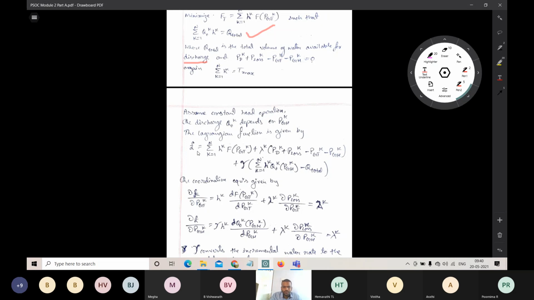I partially differentiate with respect to the thermal power generation, PGTk. That gives hk into df PGTk by dPGTk plus lambda k of power loss. So this will be given by lambda k.